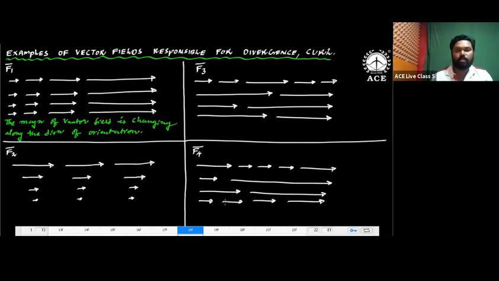Listen carefully. What is the nature of the second field? It is oriented like this, but its magnitude is changing like this, in the perpendicular direction. So what you can comment here: the magnitude of the vector field is changing perpendicular to the direction of orientation.